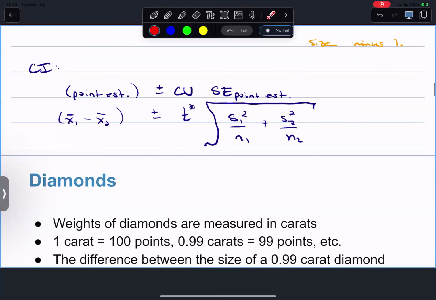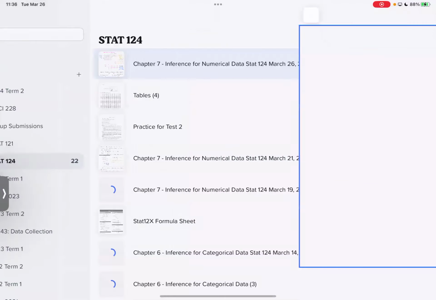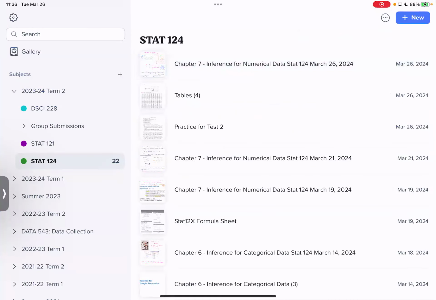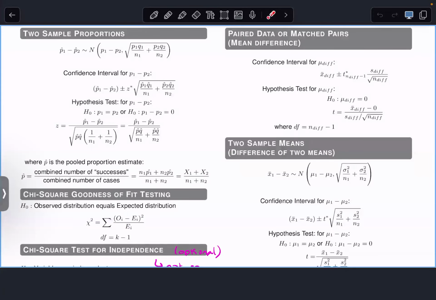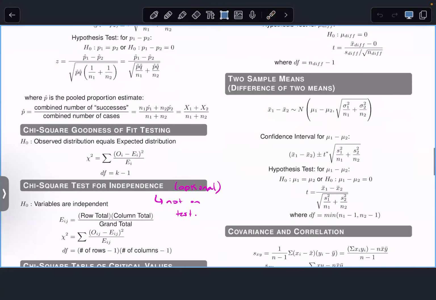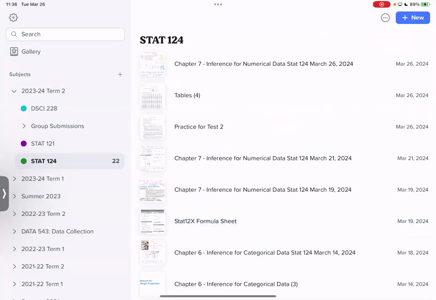I wanted to grab what did we just do? We just made the formula sheet, right? And so here, if I have two sample means, I'm going to copy this, bring it in.